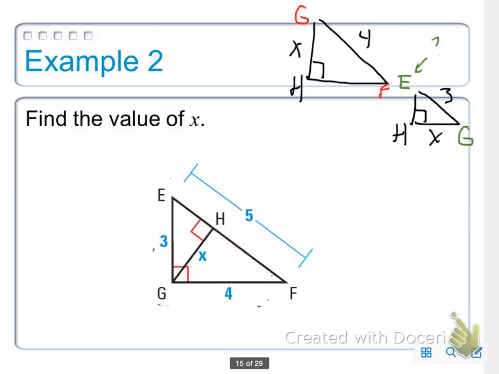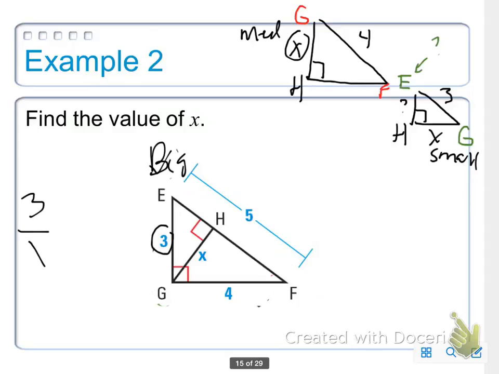Now we're going to match things up. We've got the big triangle, the medium, and the small right here. We need to make ratios of things. We can go 3 is to x between the big and the medium.